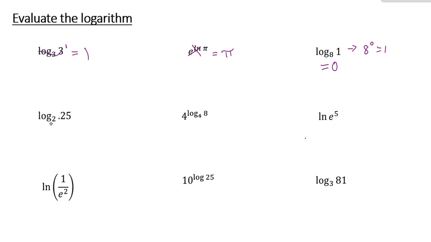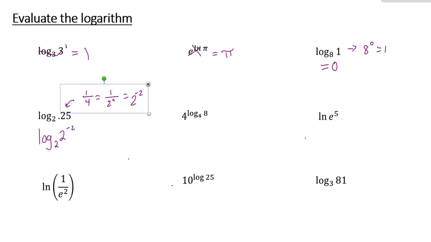Okay, log base 2 of 0.25. This one's a little bit trickier because that's 1/4, which is 1 over 2 squared, which is 2 to the negative 2. So this is actually log base 2 of 2 to the negative 2 power.